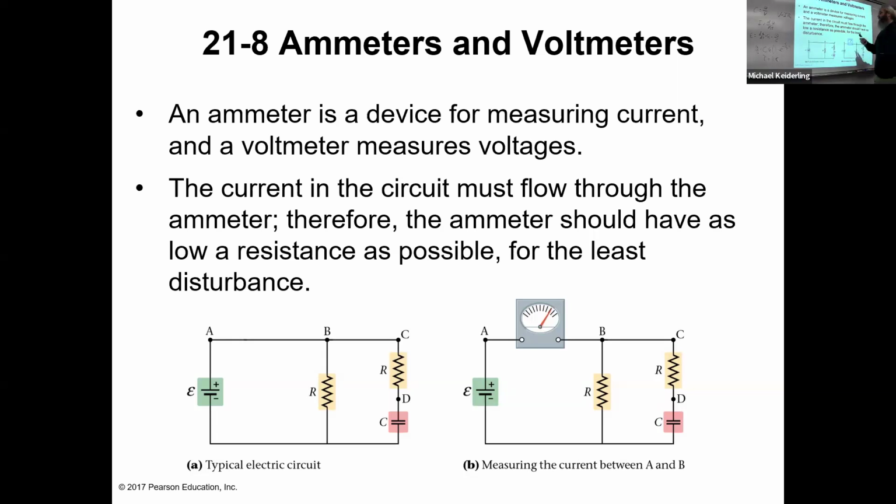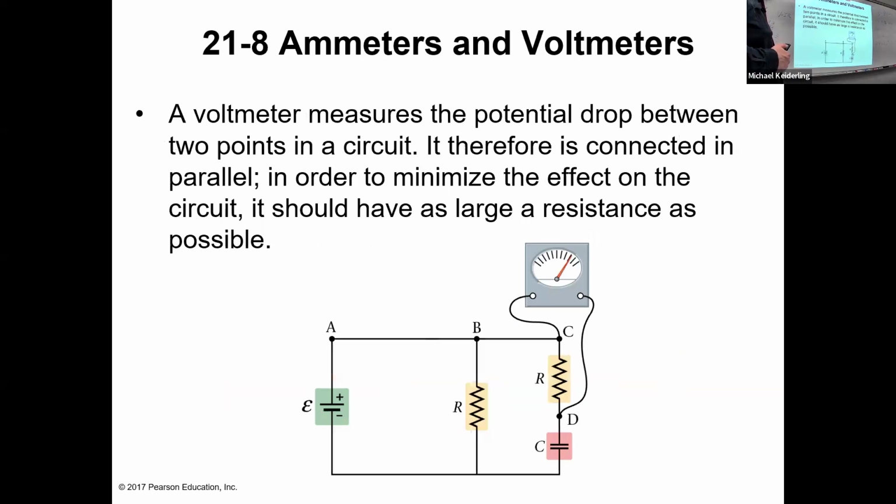Therefore, the ammeter should have as low a resistance as possible for the least possible disturbance. So if you want to measure the current in the circuit between A and B, you have to put the ammeter in the circuit. A voltmeter, on the other hand, measures the potential drop between 2 points in the circuit. Therefore, it is connected in parallel and should have as large a resistance as possible.